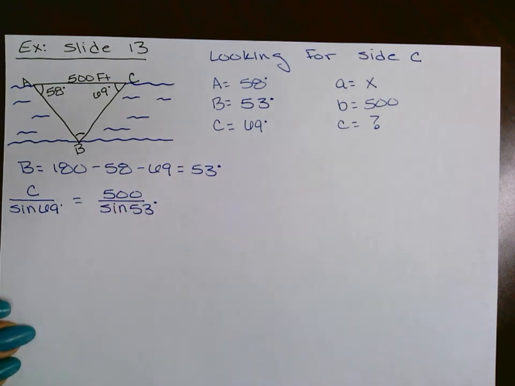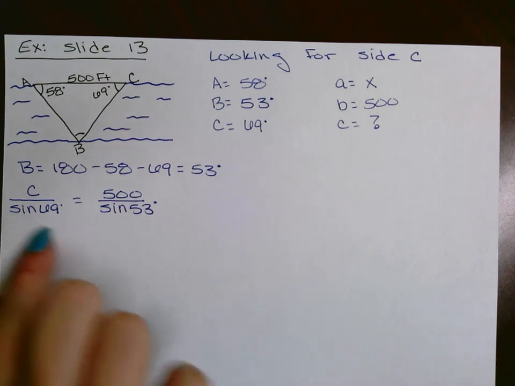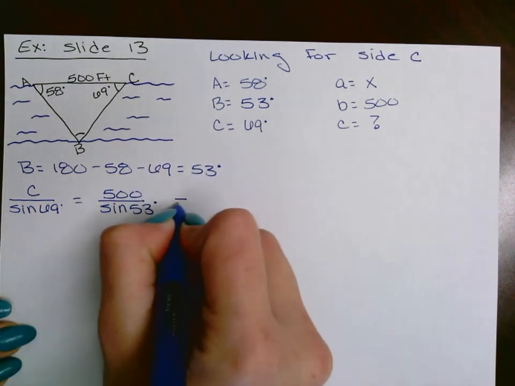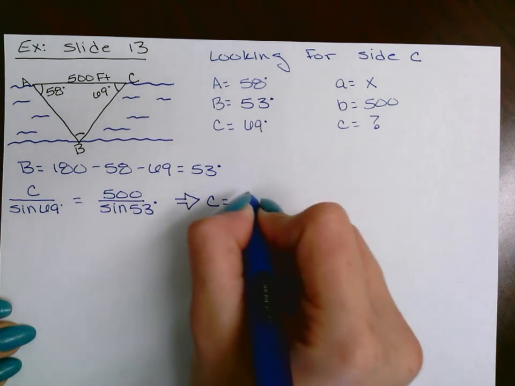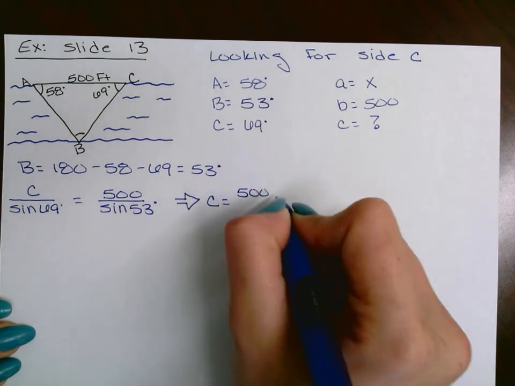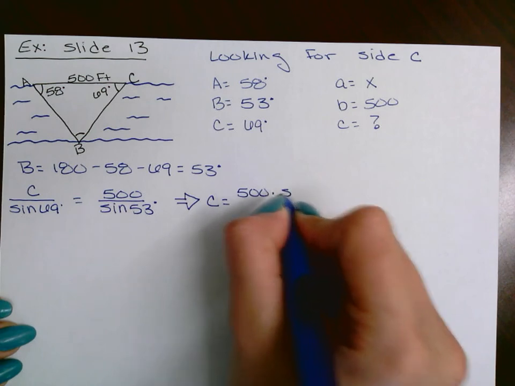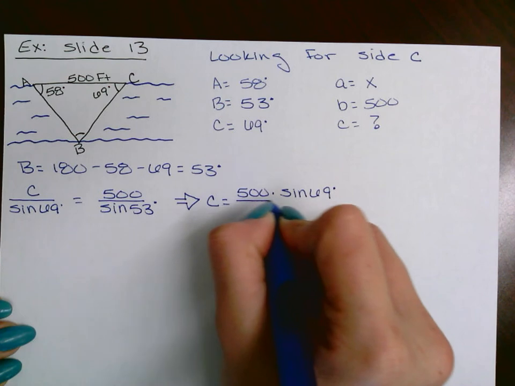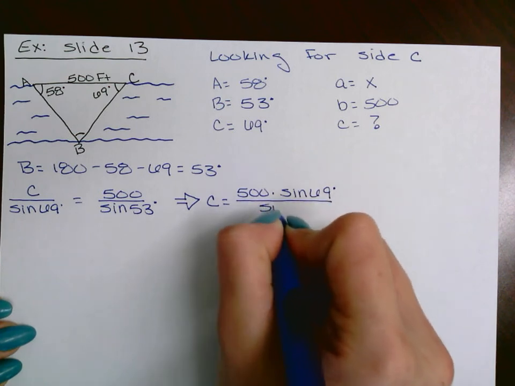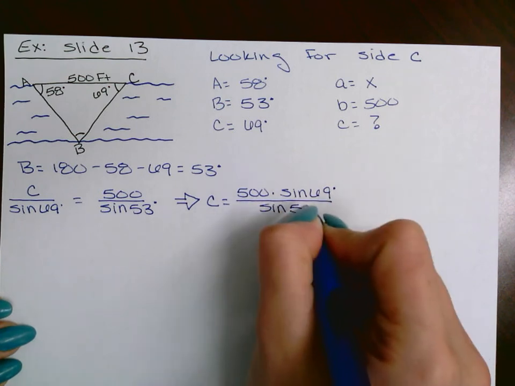Okay. I'm going to multiply this over to get little c by itself. So I can say c equals 500 times sine of 69 over sine of 53.